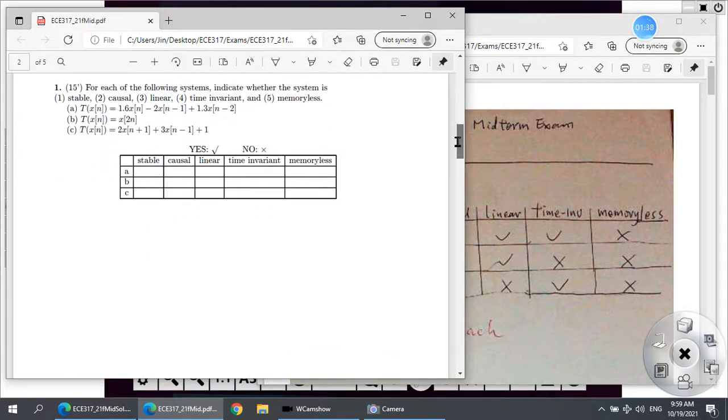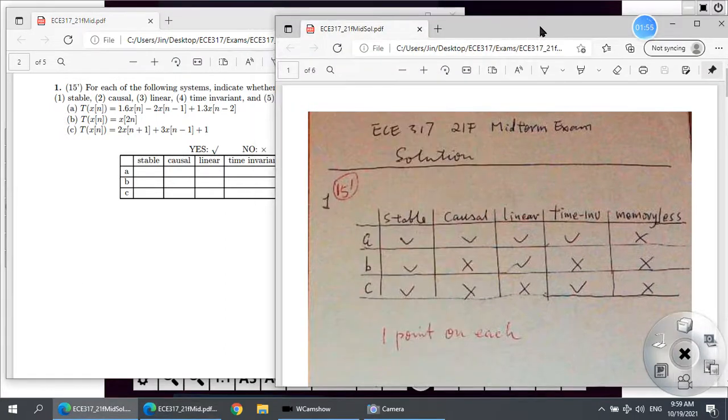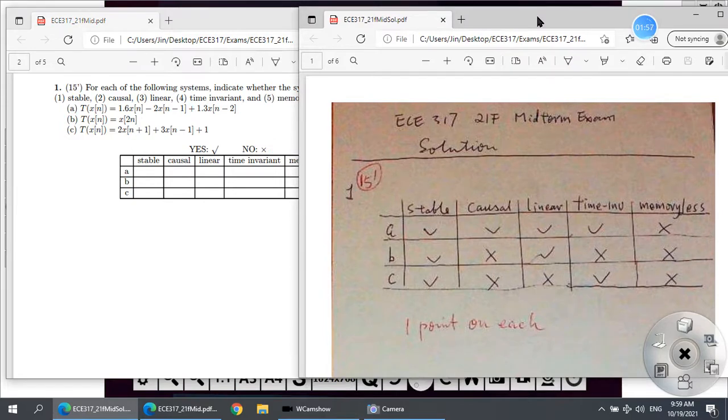Okay, the first problem: we have 3 different kinds of systems, and we want to check which kind of systems these 3 are. We look at them one by one. Here are the answers.